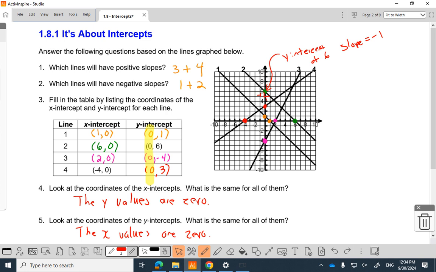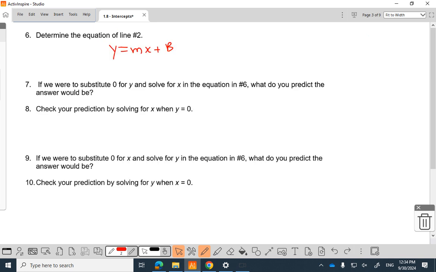Slope, m, -1. So I got my equation y equals -1x plus 6. Some people will write that as y equals -x plus 6. They won't write the 1 in front of it, and that's okay. That's another way algebraically to write -1x, just write -x.